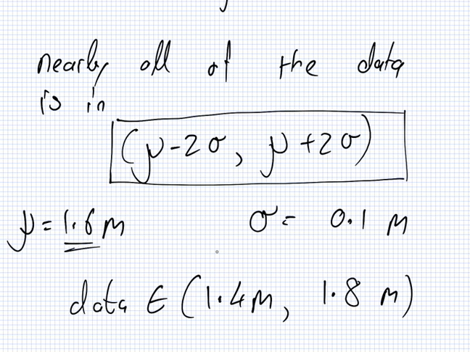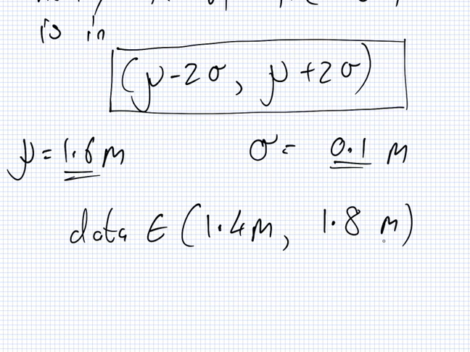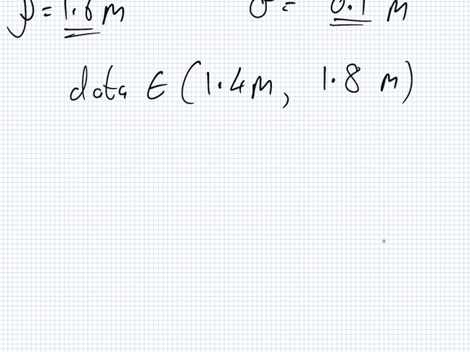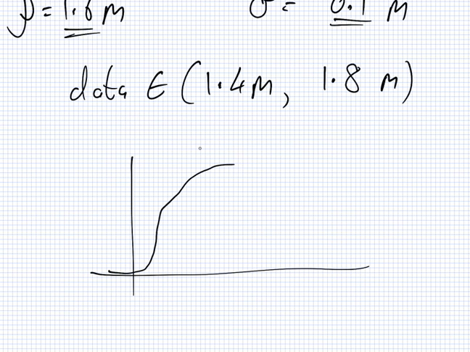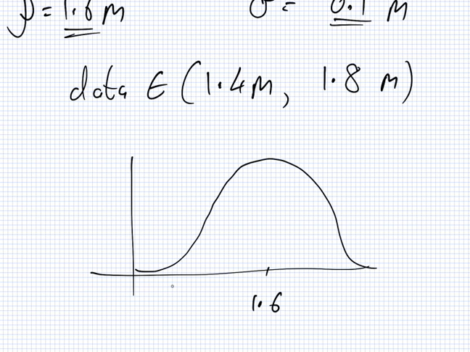If you tell me this and this, I know that most of your data is between 1.4 and 1.8. And when we do histograms, it also means that most of the data on the histogram will be between 1.4 and 1.8.